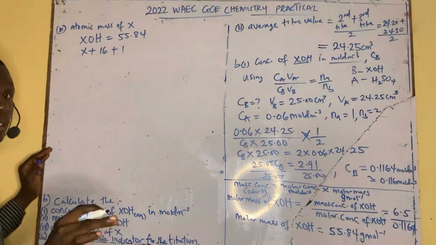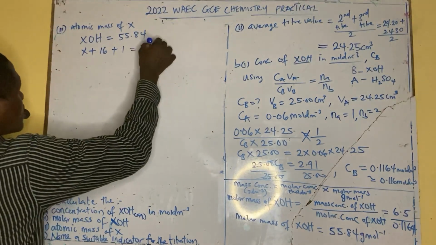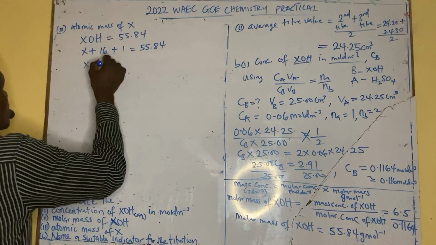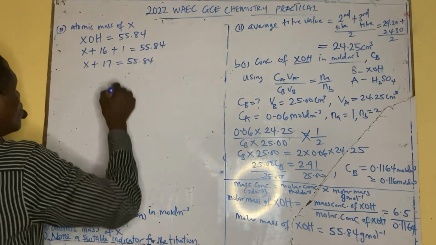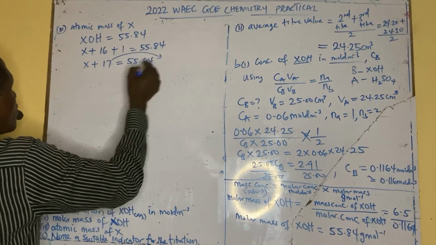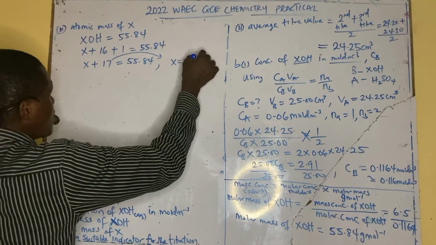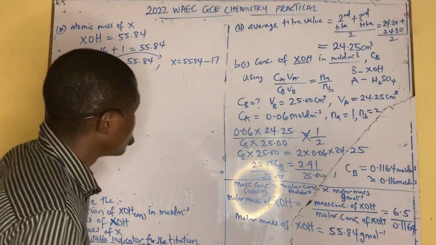It will be given to you in the questions, equal to 55.84. So this will be X plus 17 equal to 55.84. So by transferring this, we have X to be 55.84 minus 17.